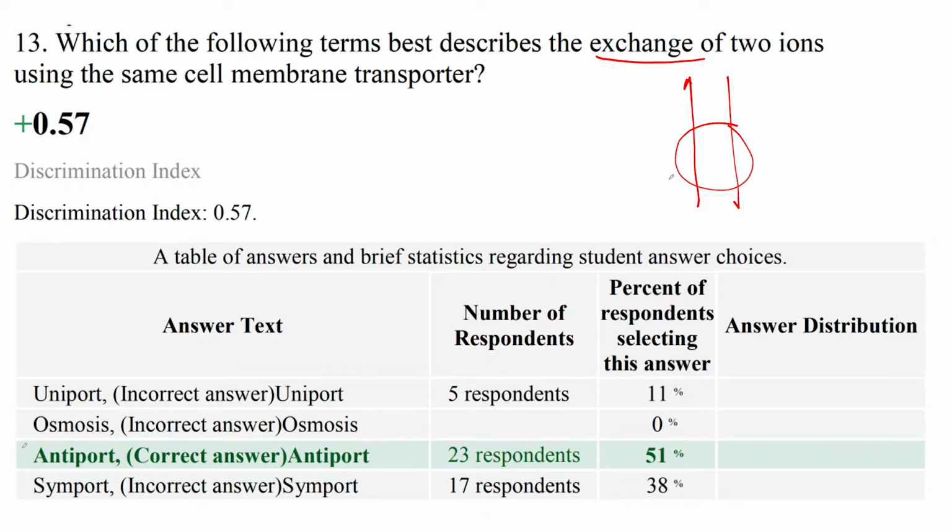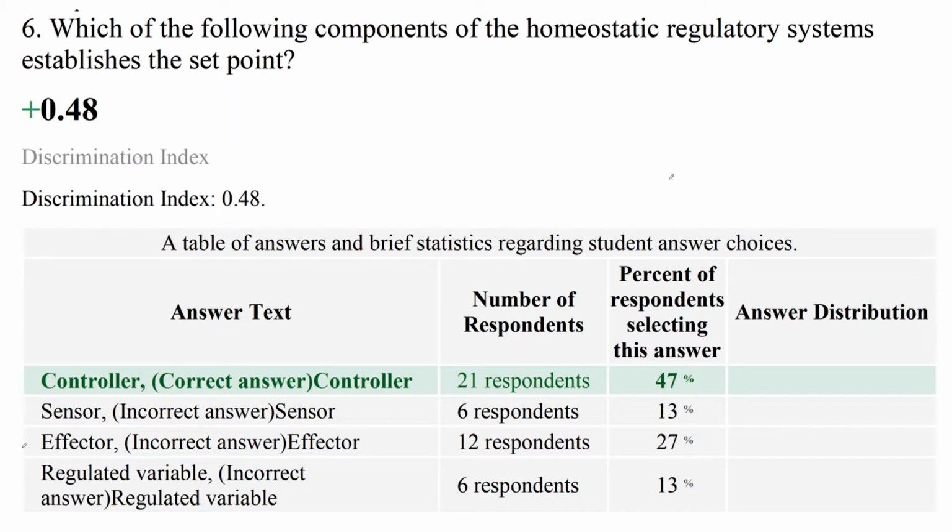Now let's go to another question here. Which of the following components of the homeostatic regulatory systems determines the set point? I added some slides at the end. Some students wrote that there is one of the PowerPoints that says that the effector establishes the set point.